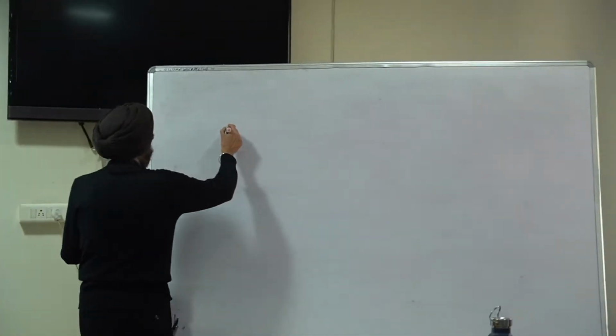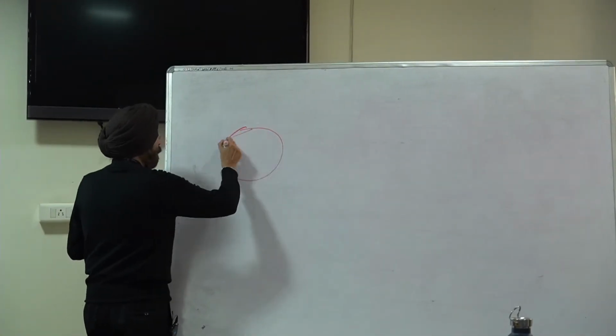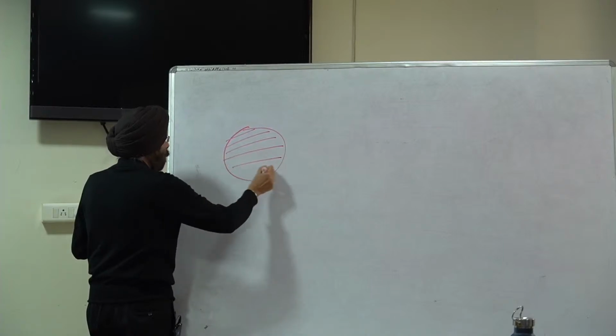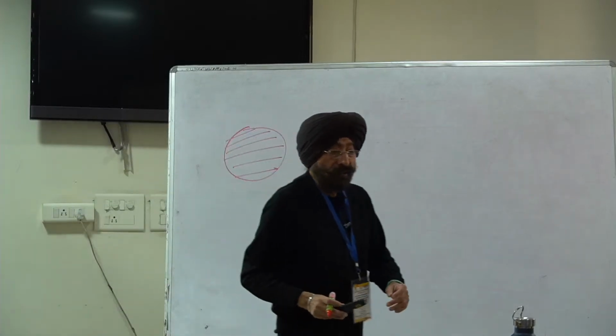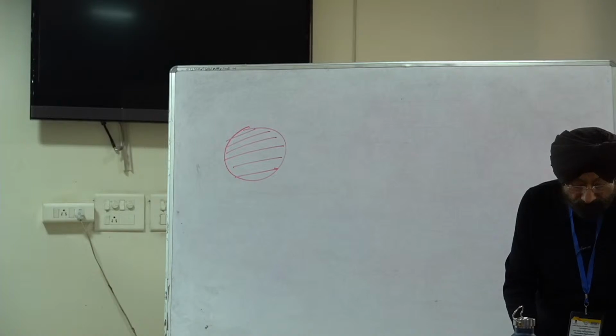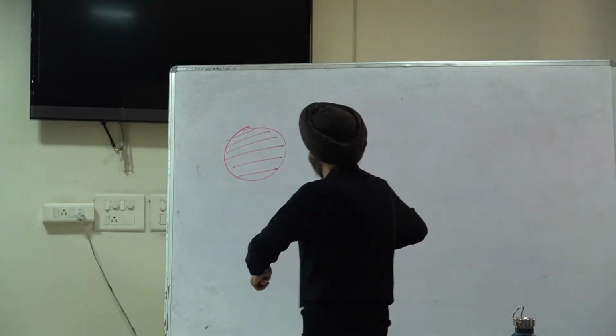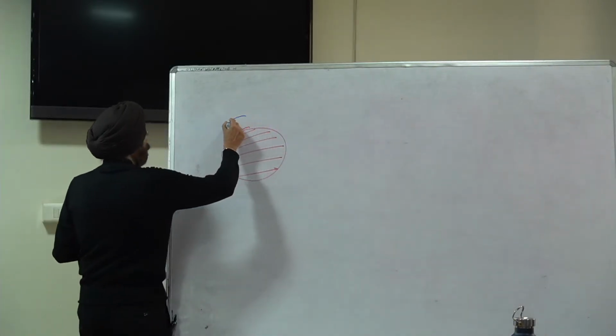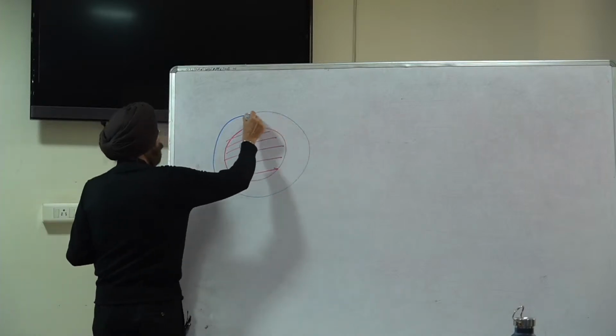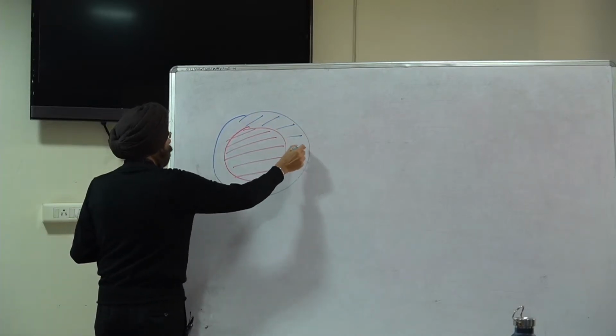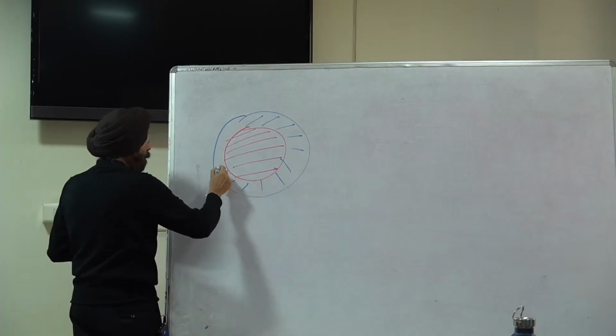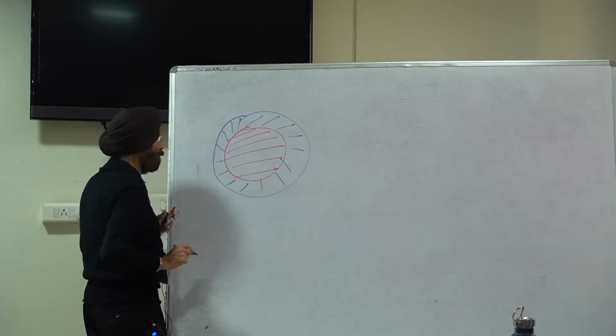So this is a nanoparticle, right? And now this nanoparticle is having colloidal stabilization provided by the colloidal stabilizer in the form of a shell, which is a bilayer, right? So now this particle is a colloidal stabilized particle.